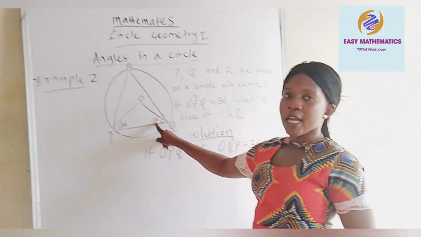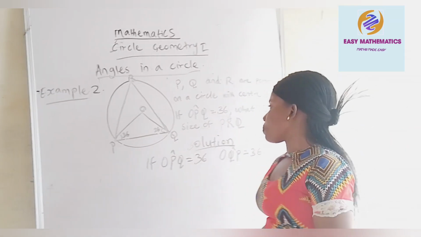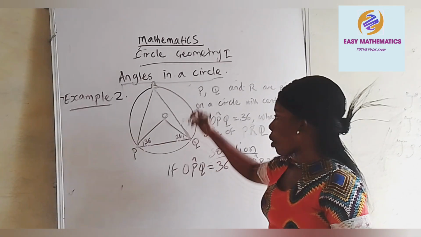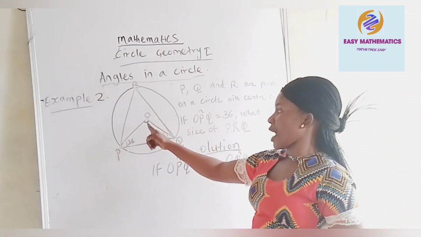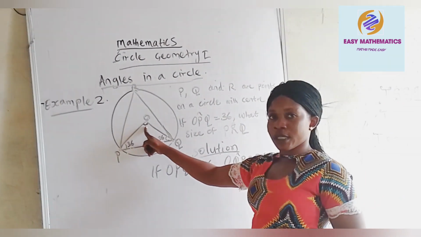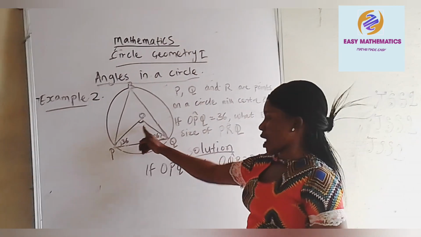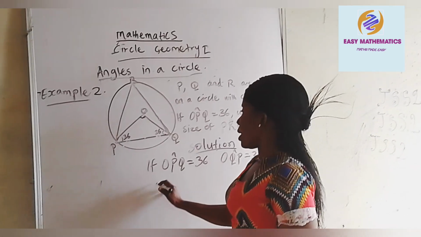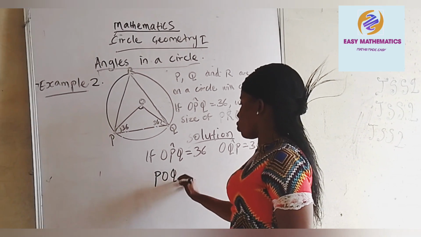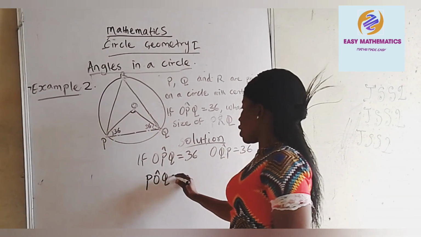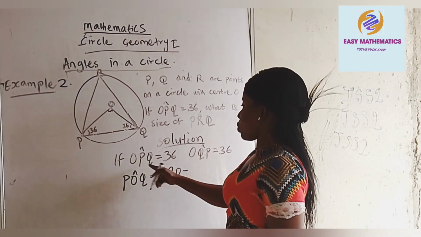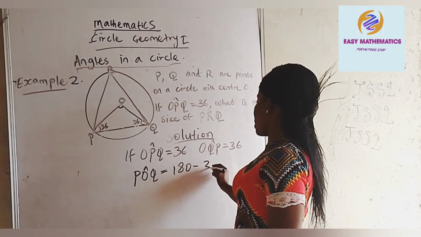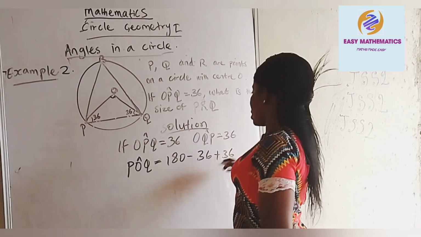Now, we have gotten this angle and this angle. What we need to do now is to get the angle here, that is the angle sustained at the center of the circle. So our POQ is equal to 180 minus, first we add these two angles, 36 plus 36.